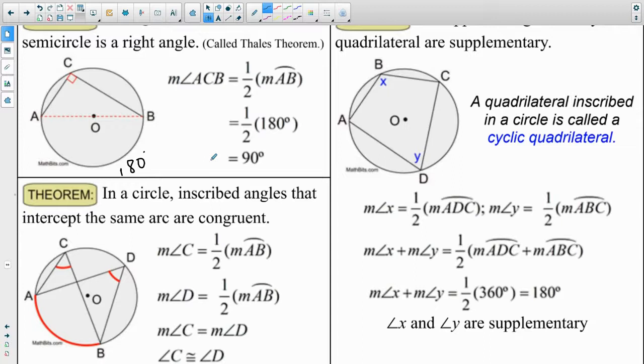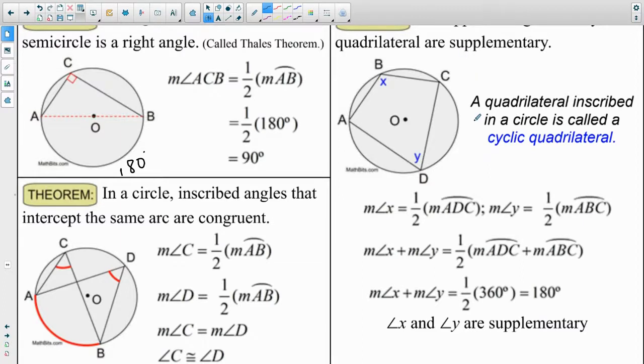Well, if angle C is half of AB and angle D is half of AB and AB is the same for both of them, that would conclude that angle C must be congruent to angle D, right? Two inscribed angles to the same arc must be congruent.